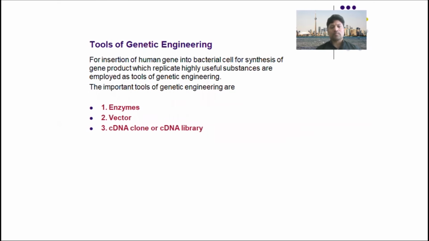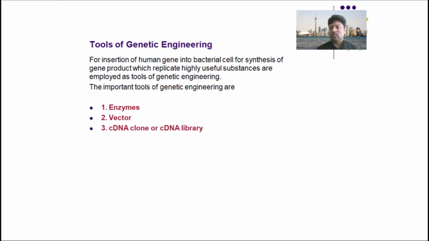Okay, well, there are certain tools, certain components or segments of this discipline for insertion of the human gene into the bacterial cell for the synthesis of the gene product, which replicates highly useful substances, and these are employed as tools of genetic engineering. The most important tools, components, or equipment used for genetic engineering are enzyme, vector, and the complementary DNA clone or complementary DNA library.